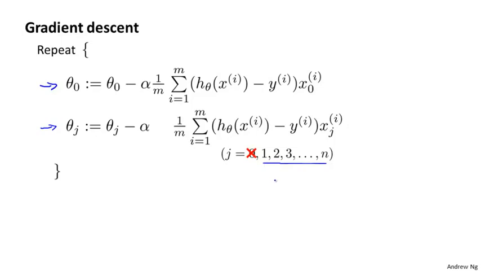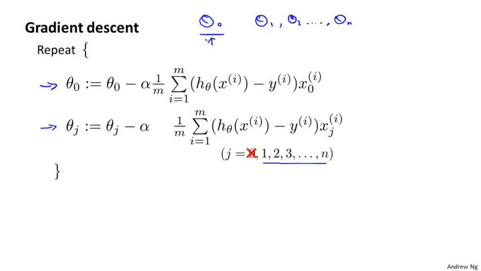up to theta n. And the reason I want to do this is you may remember that for our regularized linear regression, we penalize the parameters theta 1, theta 2, and so on up to theta n, but we don't penalize theta 0. So when we modify this algorithm for regularized linear regression, we're going to end up treating theta 0 slightly differently.